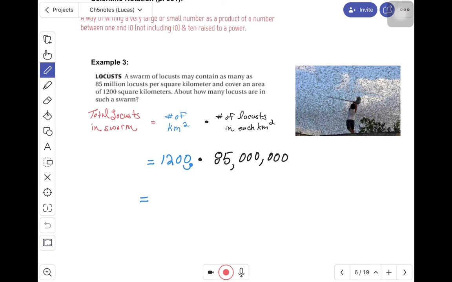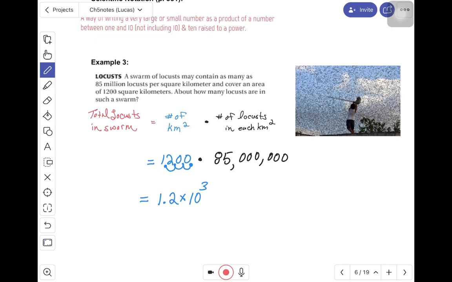So if I just move it one time, I'm at 120. 2 times gets me to 12, so closer. 3 times is the magic number because 1.2 is a number between 1 and 10. And because 1,200 is a big number, I have to raise 10 to a big power. I swooped that decimal over 3 times.